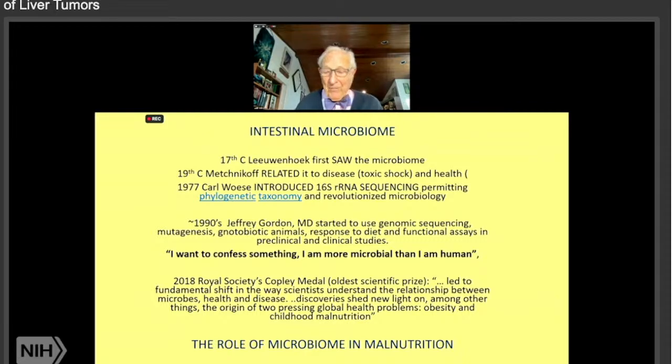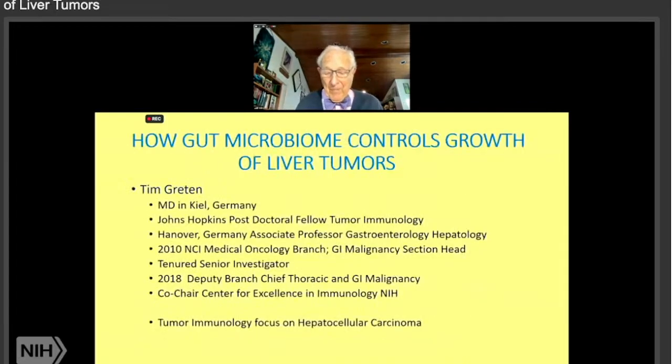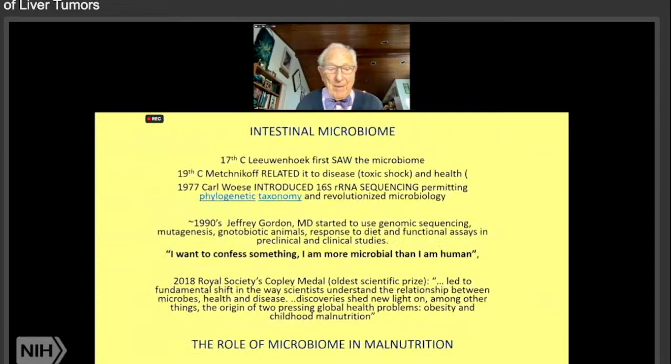Now, our first speaker will be Jeffrey Gordon, who graduated from the University of Chicago School of Medicine, trained in medicine at Washington University and St. Louis, and in gastroenterology, and in biochemistry at the National Institutes of Health, and then returned to Washington University, where he has spent his entire career.